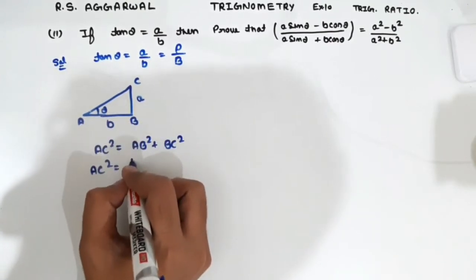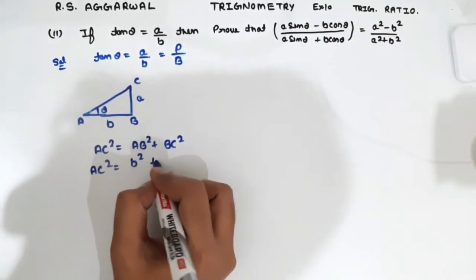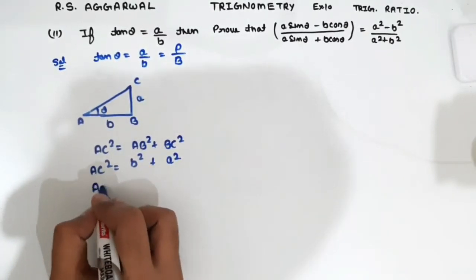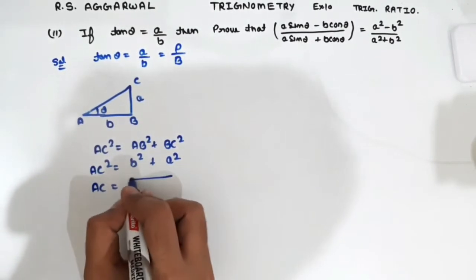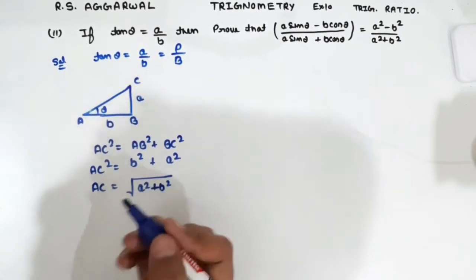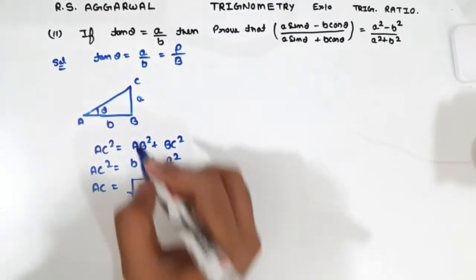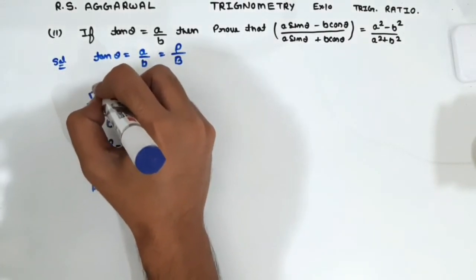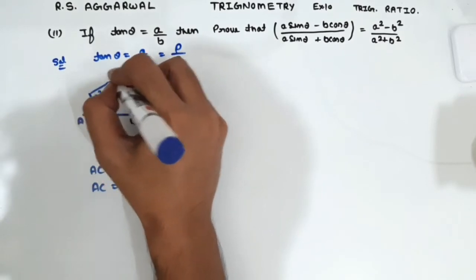AB is B, so B square, BC is A, so A square. So from here AC will be under root A square plus B square. So this is our hypotenuse, under root A square plus B square.